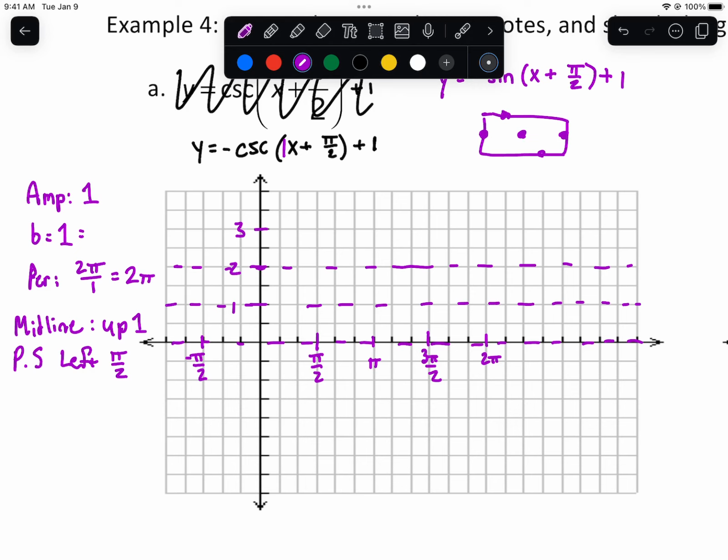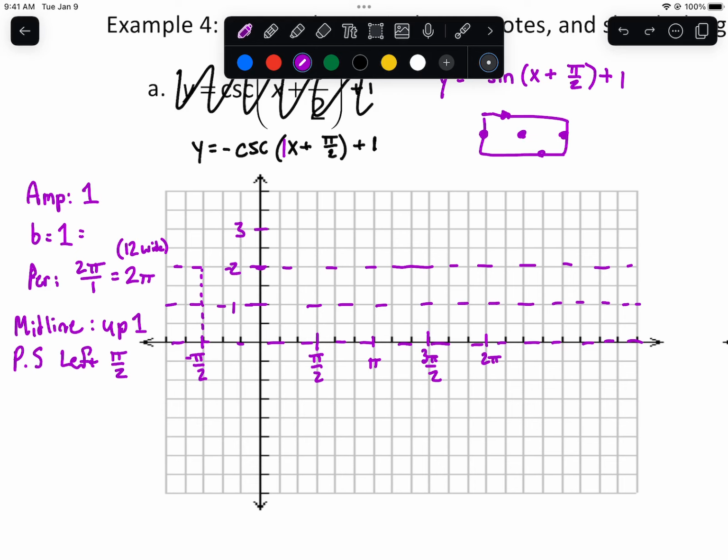Since it's moving left pi over 2, the left of your box is going to be over there at negative pi over 2. And then the period is 2 pi, which is 12 wide. So from the left edge of your box right here, you should need to go 12 units from there to make sure the box that we're going to fit everything in is the appropriate width.